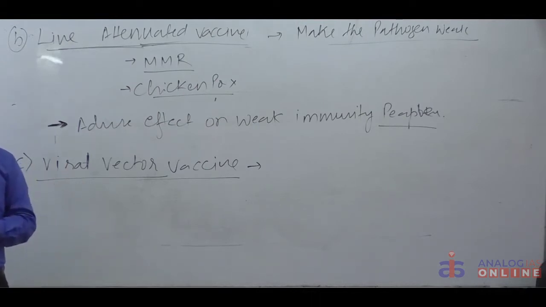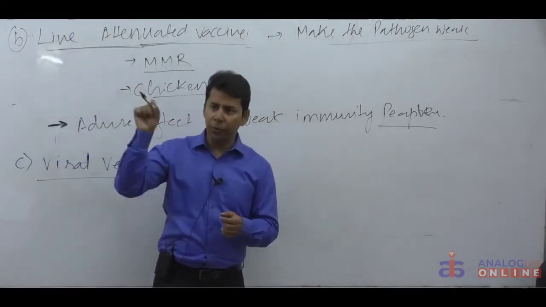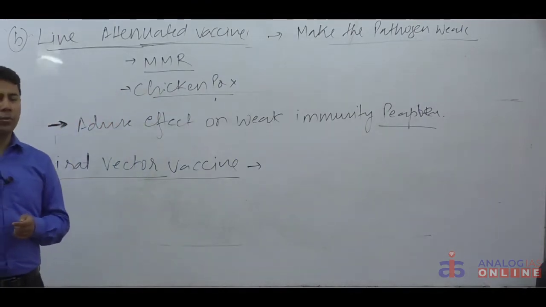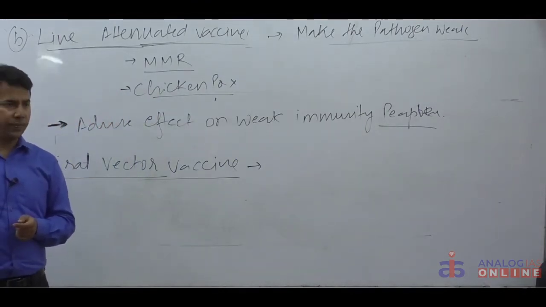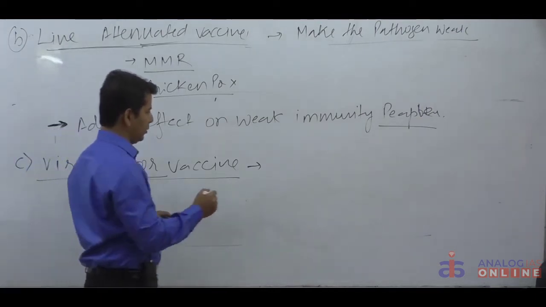The mild virus could be adenovirus. Adenovirus is a very mild one. And in the adenovirus, we are going to put some part of the virus that we want to produce immunity against. And this part could be a protein. So what is done?